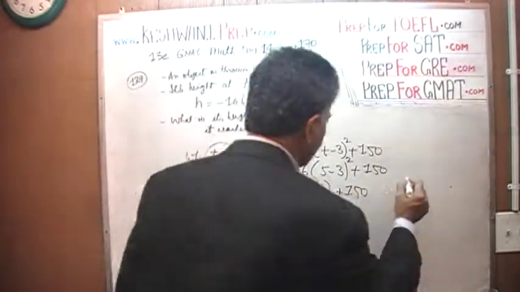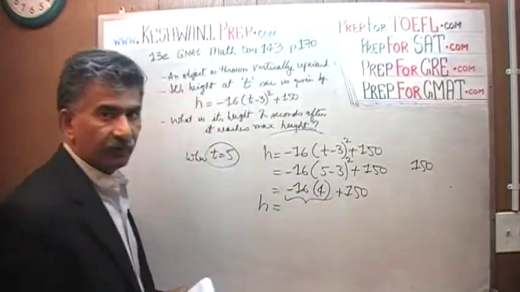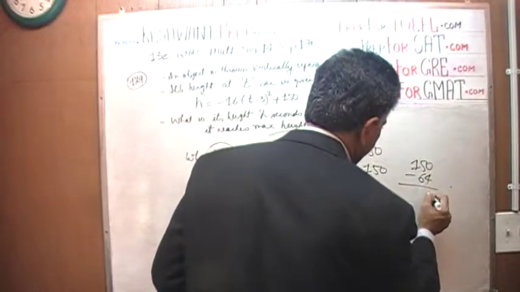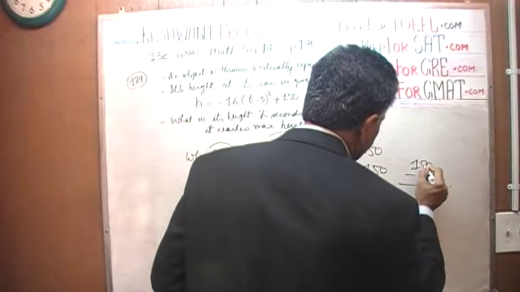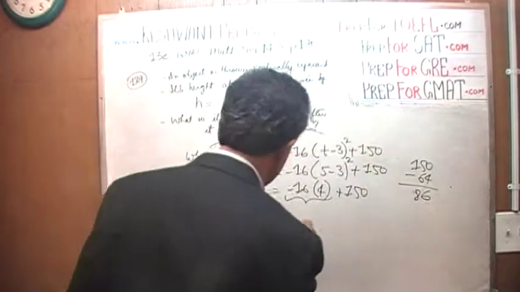Height equals 150 minus 64, since 16 times 4 is 64. 150 minus 64 is 86. Voila.